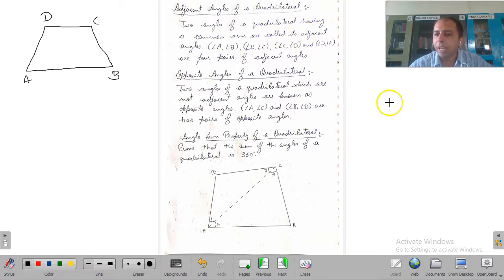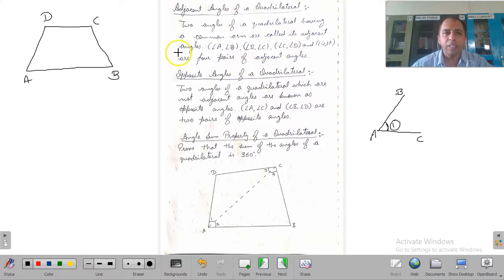Now what do we mean by arms? Arms are the sides between which the angle is formed. If we talk about this angle 1, it is formed between AB and AC. So AB and AC are known as the arms of this angle.